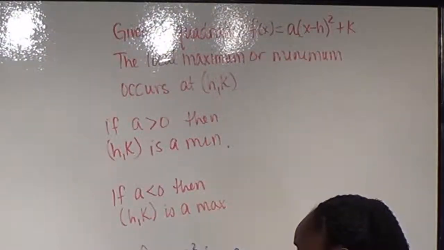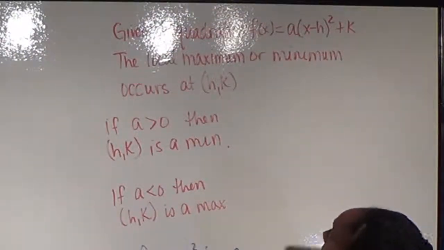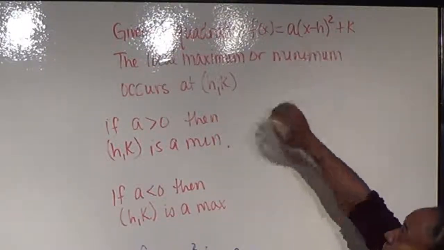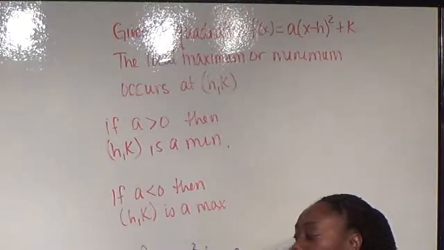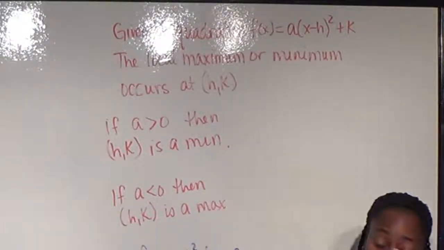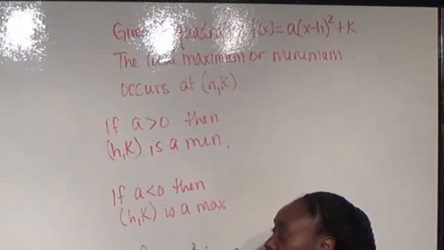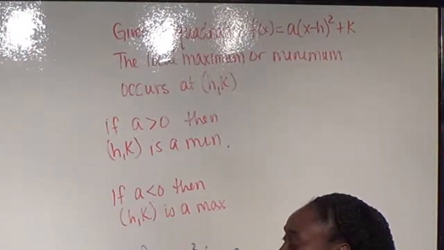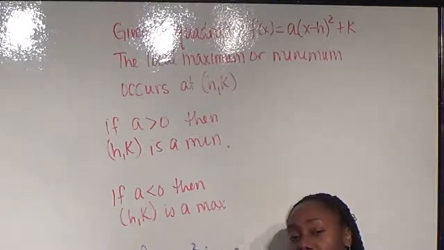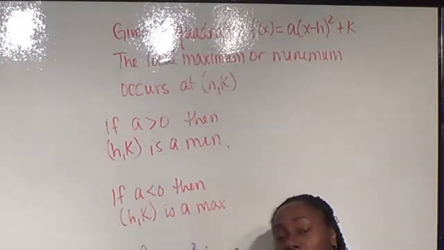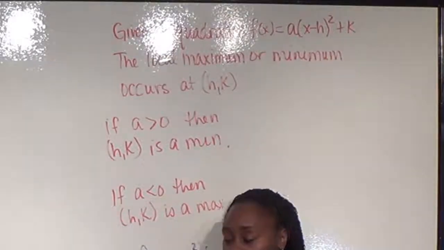The other information we can pull from a quadratic is that if I know it's in this standard form, I can also determine where the local minimum and the local maximum are. So if you remember from earlier sections or earlier courses, the local extrema, meaning the maximums and minimums, are where my function has a high or a low point within a small interval.